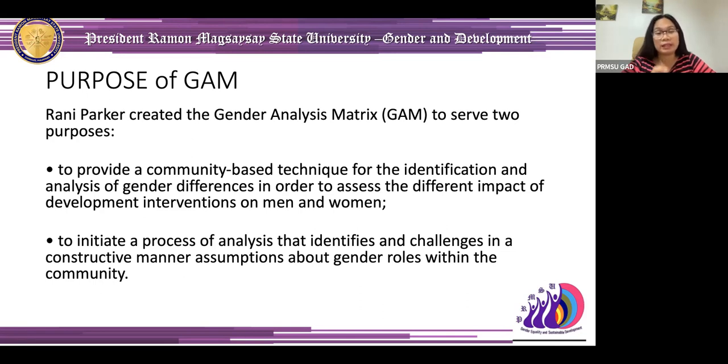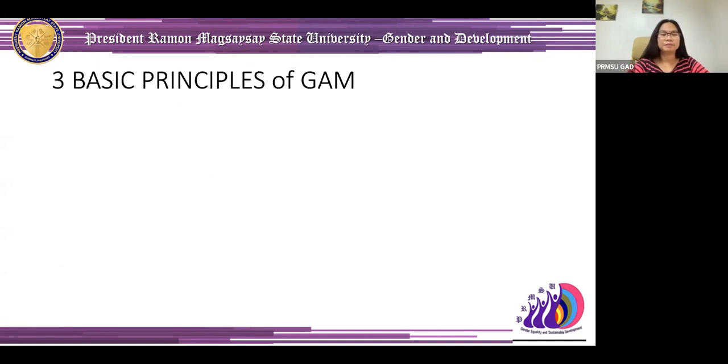We will go into that detail, trying to investigate how men are affected and how is it different from the effects on women. Okay? Then also another purpose of GAM is to initiate a process of analysis that identifies and challenges in a constructive manner assumptions about gender roles in the community. We also wanted to know the gender roles in the community because it will somehow affect the implementation of the program. Okay, you will understand me better kapag meron na po tayong pinakitang examples.